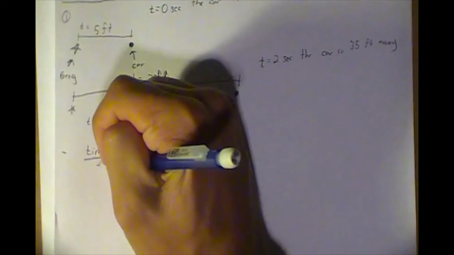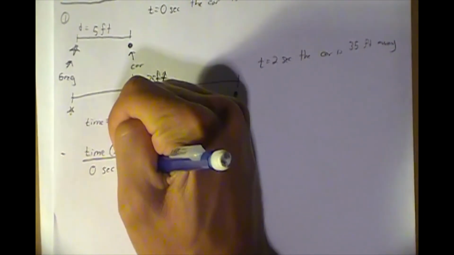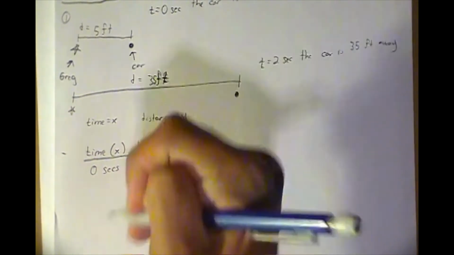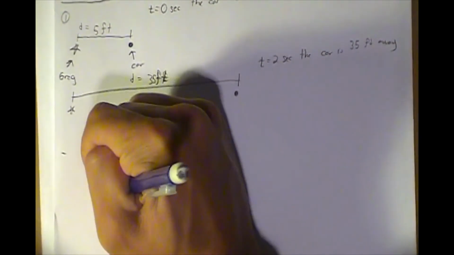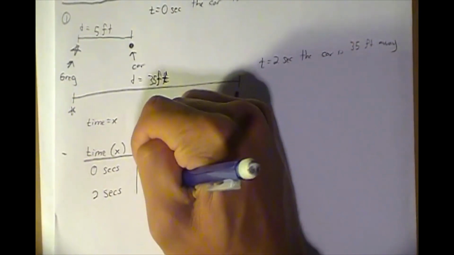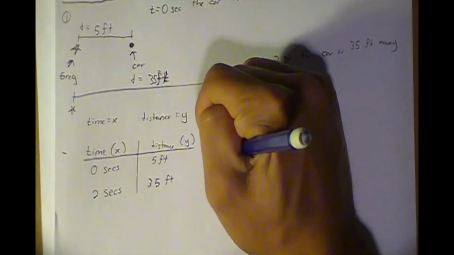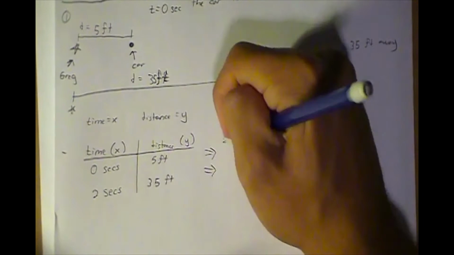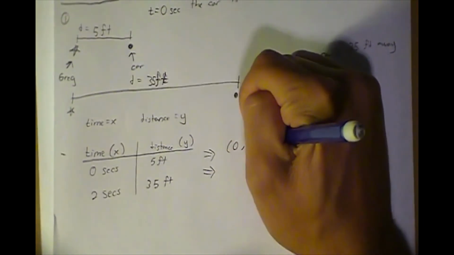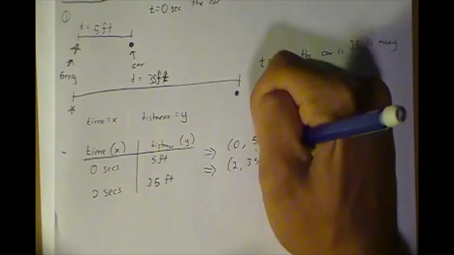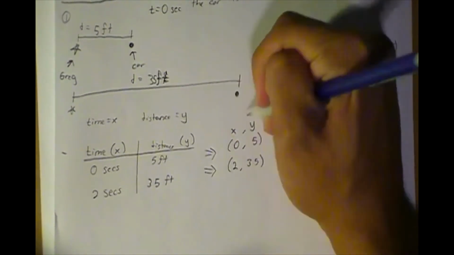Cool. So we identify that at 0 seconds it is 5 feet, and at 2 seconds it is 35 feet. Well, this can be rewritten as pairs (0, 5) and (2, 35). X and y values once again.